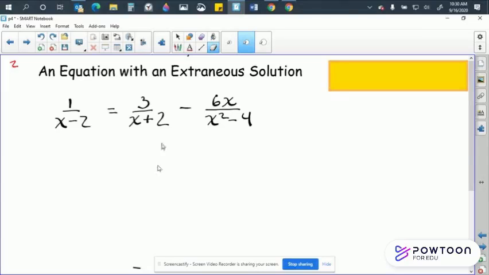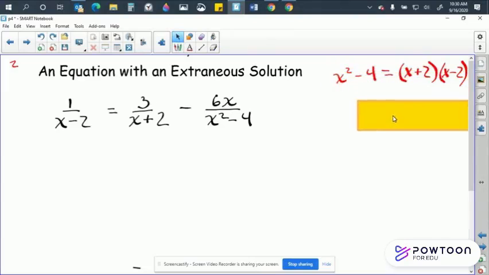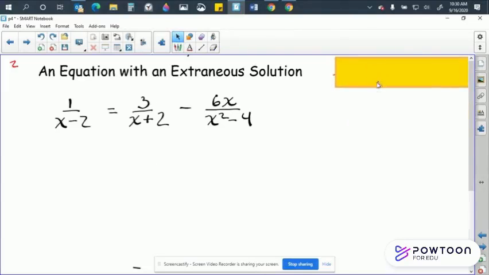Okay, now to solve this equation. First of all, x squared minus 4 factors into x plus 2, x minus 2. So we can multiply all of these equations by x plus 2, x minus 2.